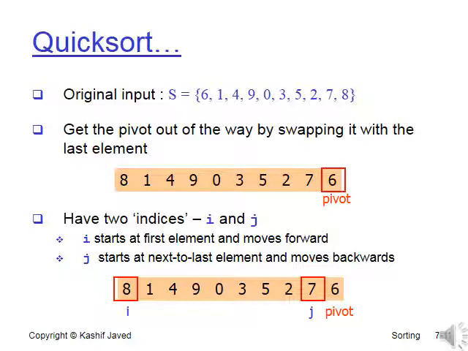Then we introduce two indices, i and j, which constitute a loop. i starts at the first element and moves forward. j starts at the next to last element, basically avoiding the pivot, and moves backwards.